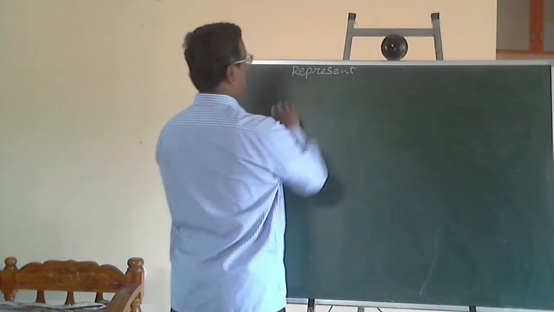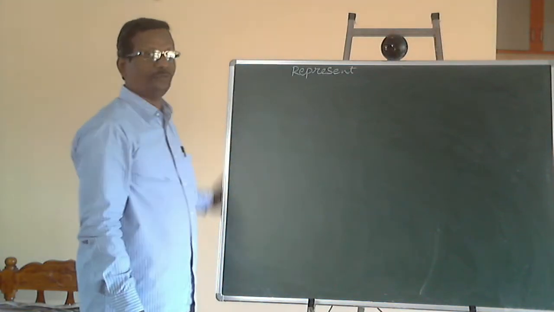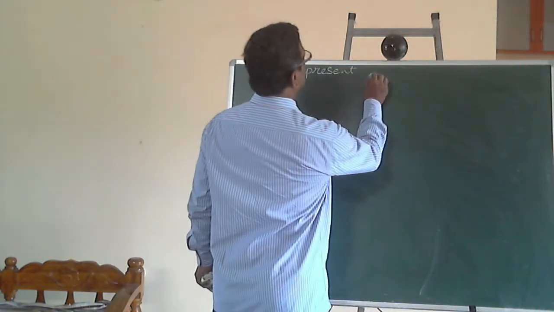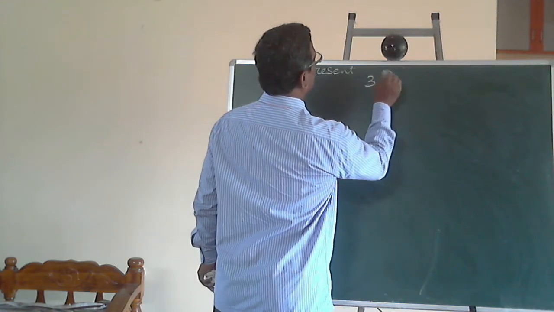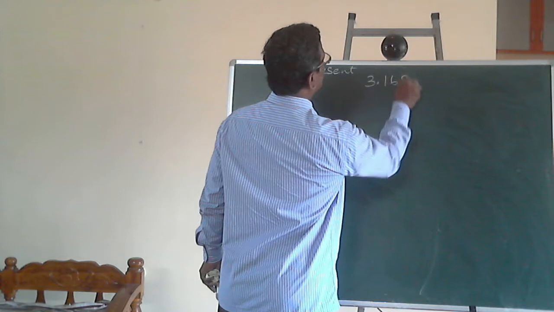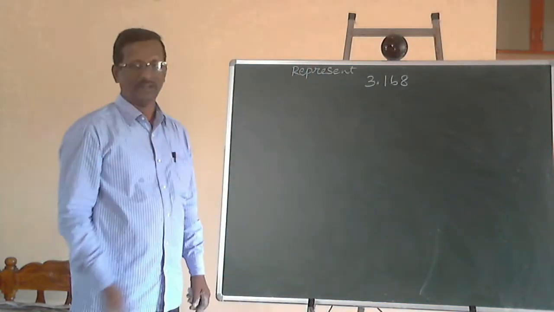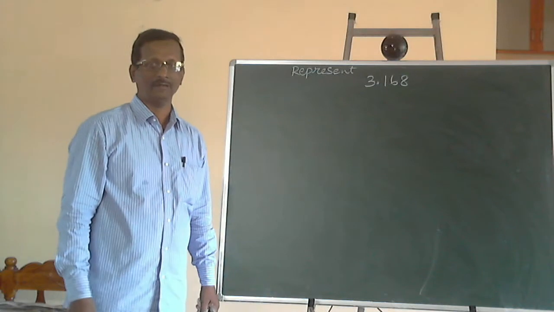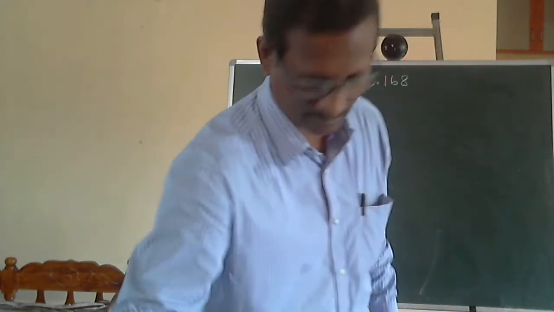Represent a decimal number on the number line by the successive magnification method. 3.168 on the number line. Let's draw the number line. In 3 steps we will do the representation.